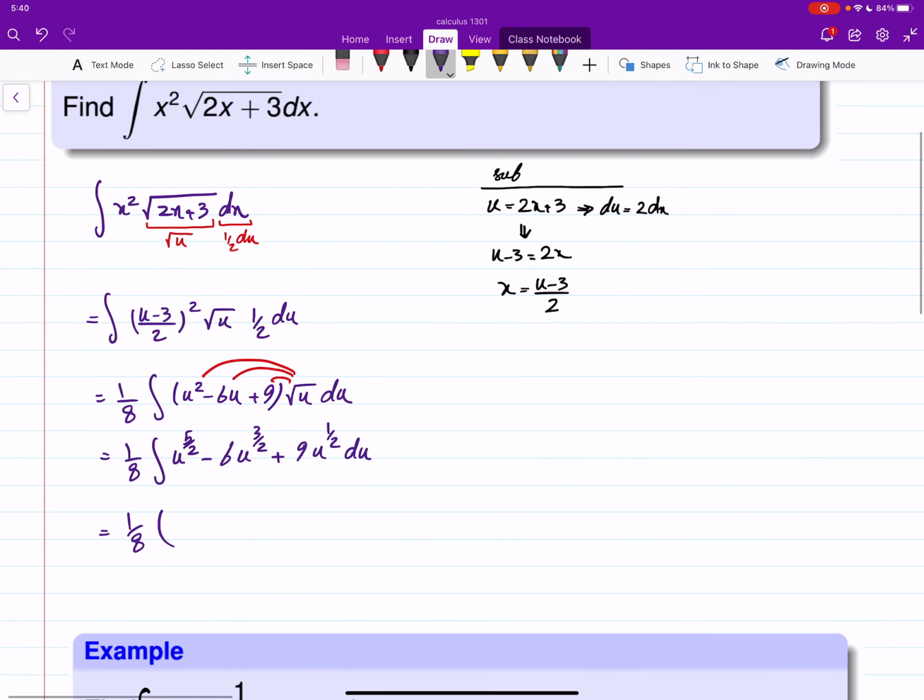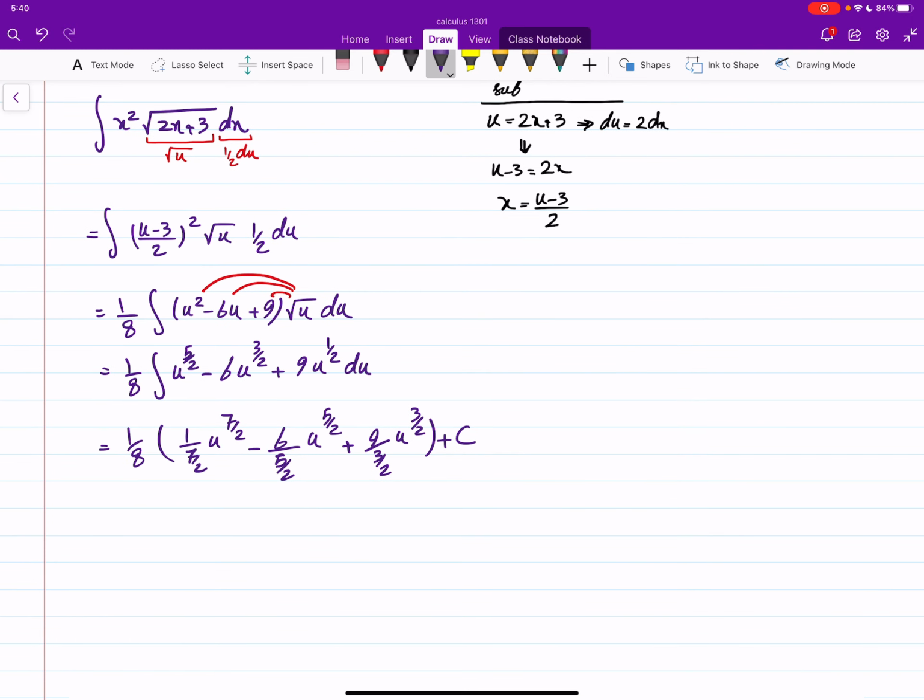Now, remember, for u to the power n, the integral is 1 over n plus 1 times u to the power n plus 1. So I'm doing that: 1 over 7 over 2 u to the power 7 over 2, minus 6 times 5 over 2, and this is 9 over 3 over 2 u to the power 3 over 2, plus c.